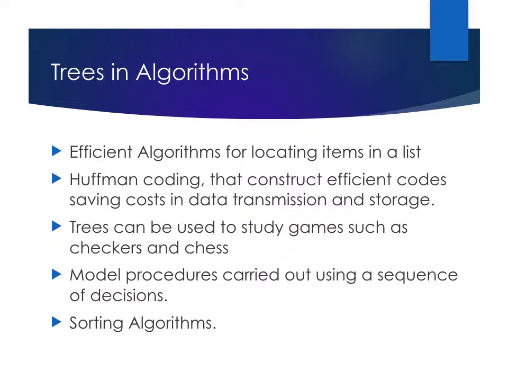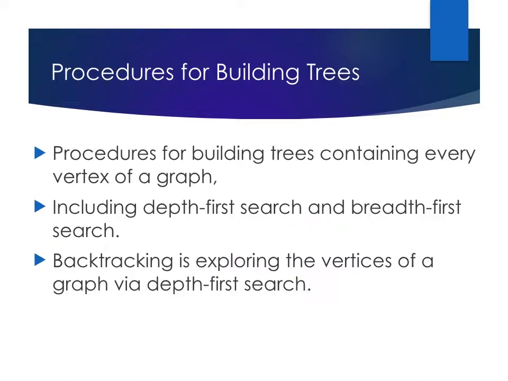Procedures for building trees containing every vertex of a graph, including depth-first search and breadth-first search, can be used to systematically explore the vertices of a graph. Exploring the vertices of a graph via depth-first search, also known as backtracking, allows for systematic search for solutions to a wide variety of problems, such as determining how eight queens can be placed on a chessboard so that no queen can attack another.